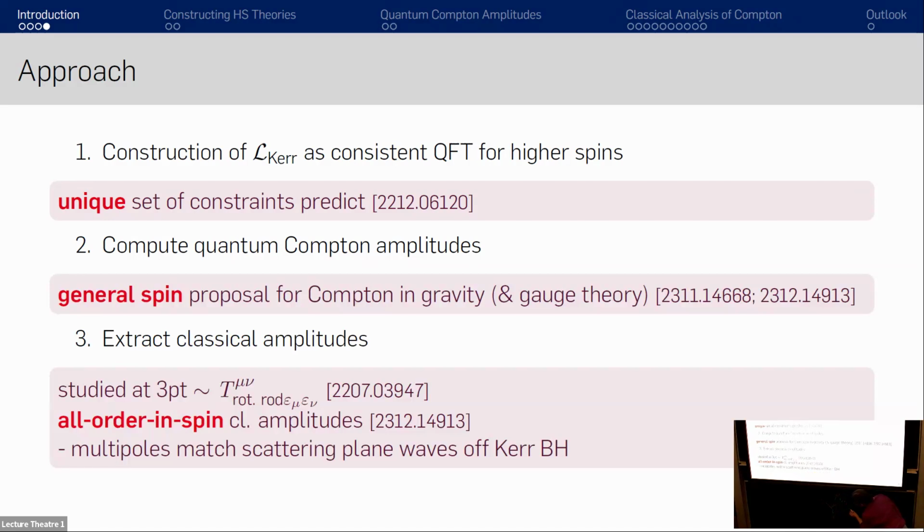And when you take the classical limit, you get the linearized energy momentum tensor for a rotating rigid rod. So that's what ROT was. And these are the polarization vectors of the graviton.